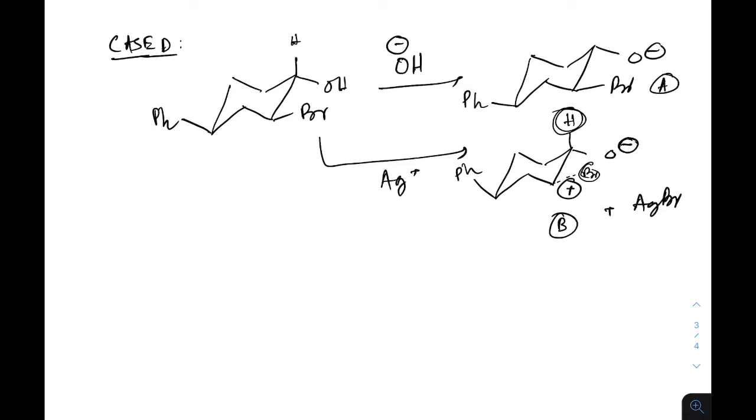But in this case, the bond can easily migrate, and this positive charge helps to migrate this bond and ring contraction happens and the 6-member ring becomes a 5-member ring and gives this type of product.